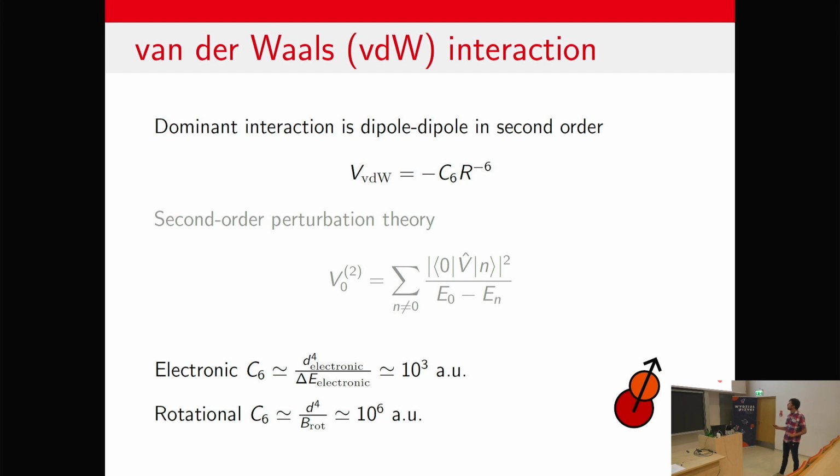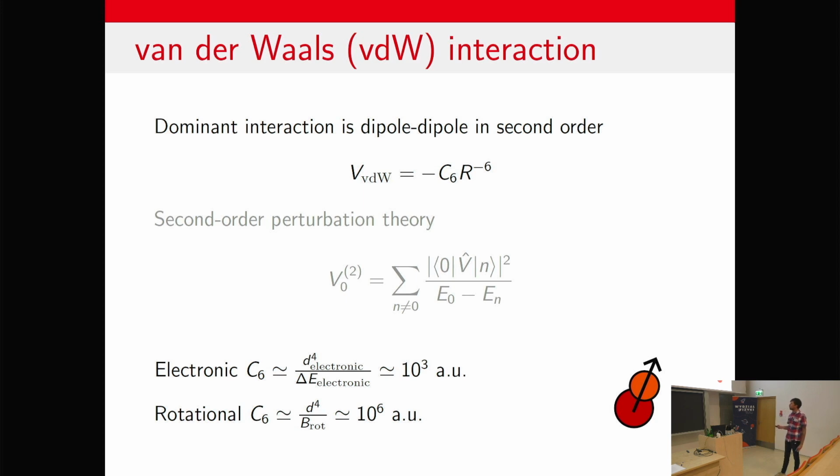The interaction in some state 0 you can write as a sum over all other states of the pair of molecules, and you get a fraction where the numerator is the square of the coupling between the states, and the denominator is the energy difference. The idea is that excited states with a small energy difference can completely dominate this interaction.